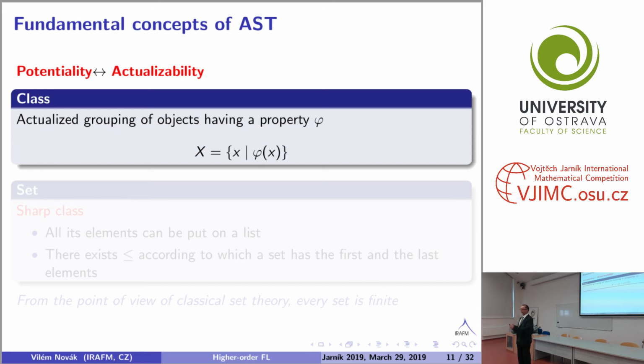Potential classes means that at the given moment, only some part of all elements that can be constructed are at disposal, but not all are at disposal at the very moment.